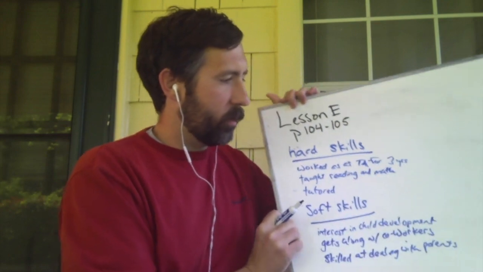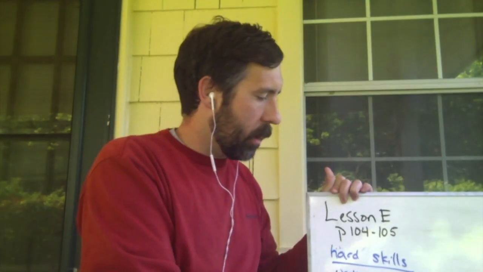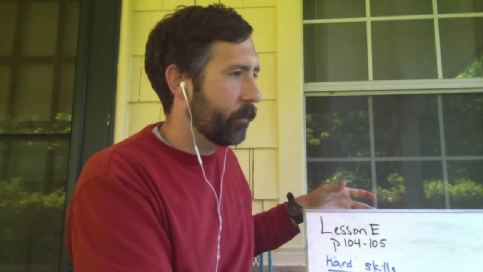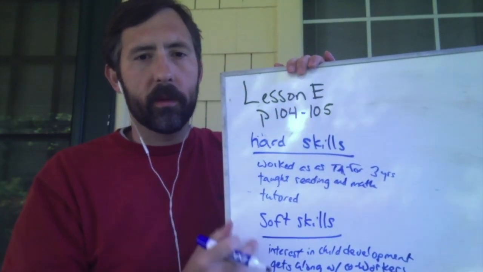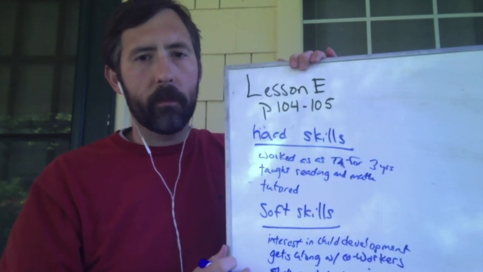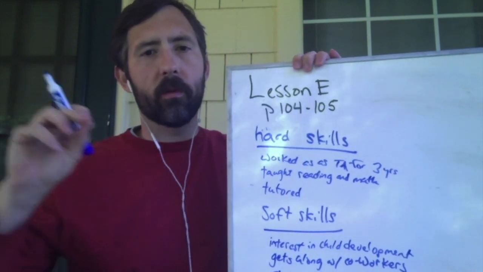If you think back to the article we read in Lesson D, these skills are good. These skills are valuable, but these are the most valuable, right? These are what set one person apart from another.